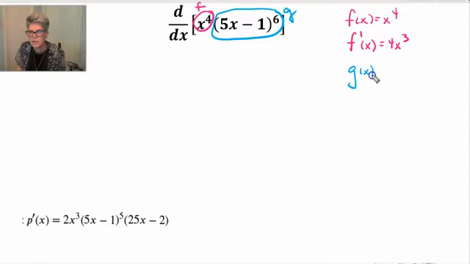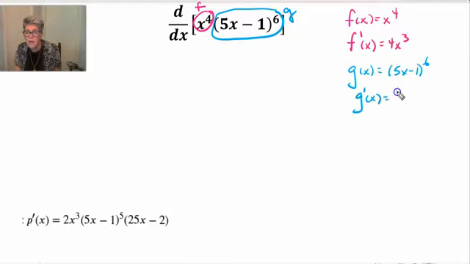Now g is equal to this, and so the derivative of g is going to be 6 times (5x minus 1) to the power of 6 minus 1, which is 5, times the derivative of just what's inside the parentheses.